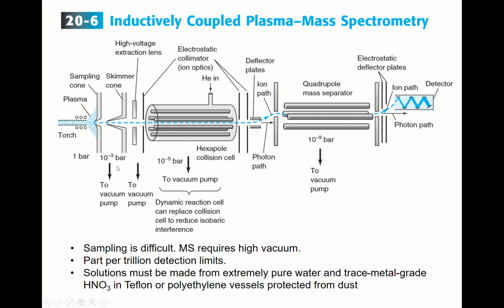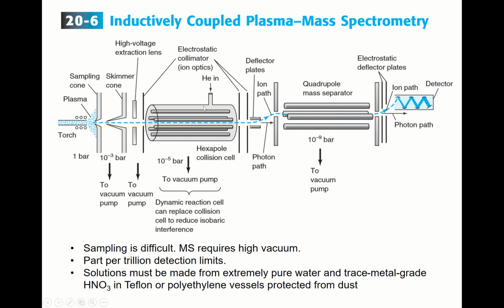A medium vacuum. And then from the skimmer cone onward, you also apply a vacuum. This part is called the hexapole collision cell. In this cell, I think helium is input, and with the helium, the particles, atoms, now collide, and some of them may be ionized.